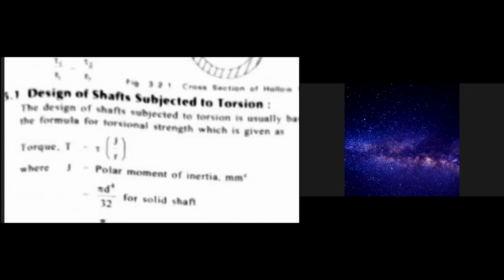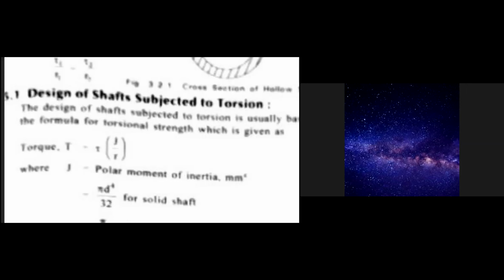we know the torsion equation T by J equal to tau by R, and we can write the torque T equal to tau into J by R, where J by R is nothing but the polar section modulus. J is the polar moment of inertia, and the ratio J by R we can term as the polar section modulus.